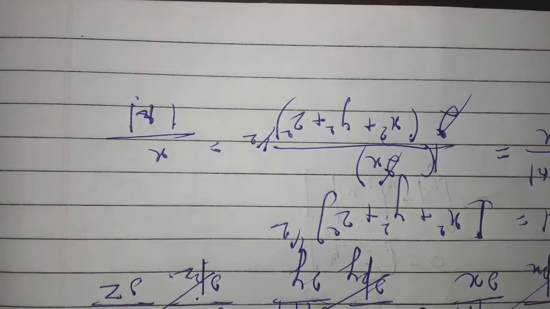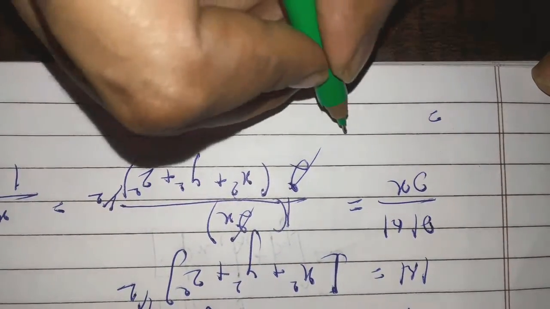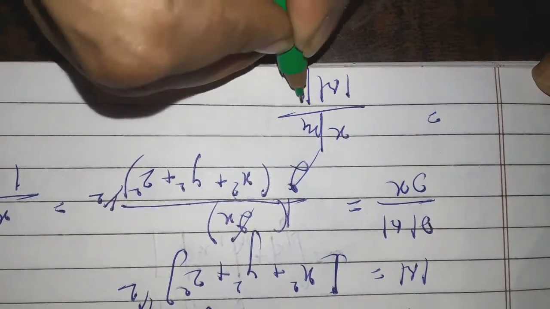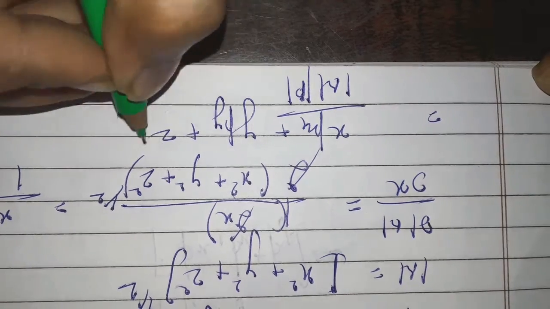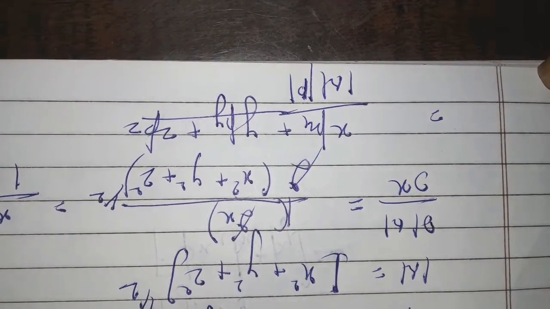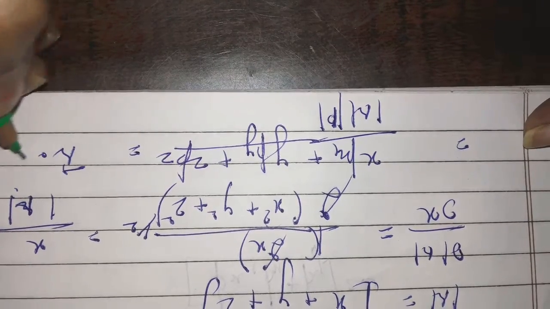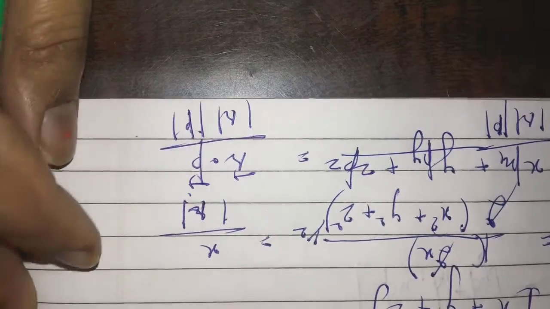Similarly, you will write the others and you will get x px plus y py plus z pz, you can solve this yourself, and this I can write as r dot p vector divided by mod of r mod of p.